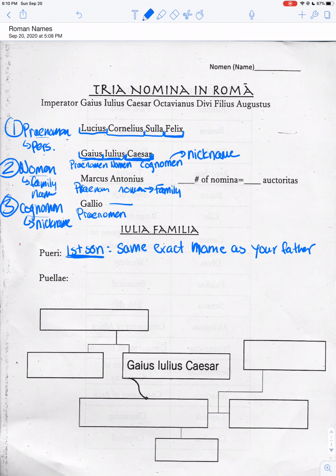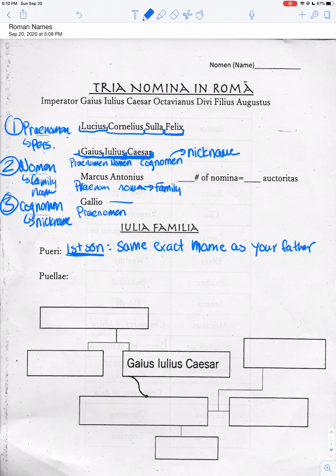And as a side note, if I saw Caesar on the street, I wouldn't call him Gaius. Gaius is his personal name. That's only for people who are really close to him. I would either call him Julius, I would probably call him Julius Caesar, or just Caesar.